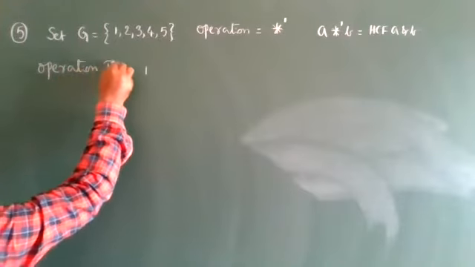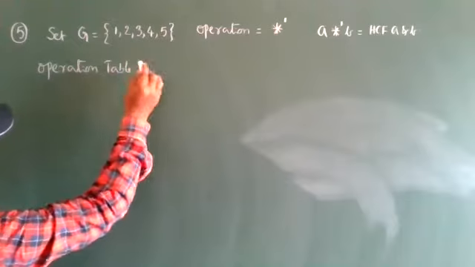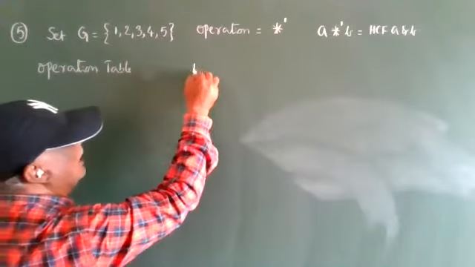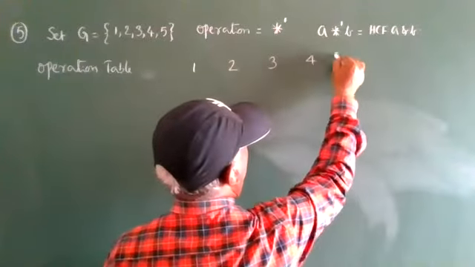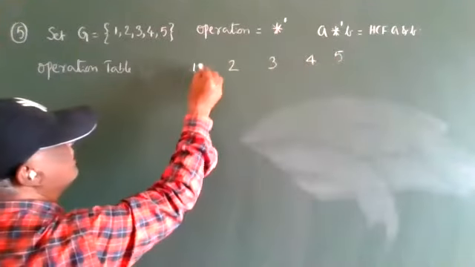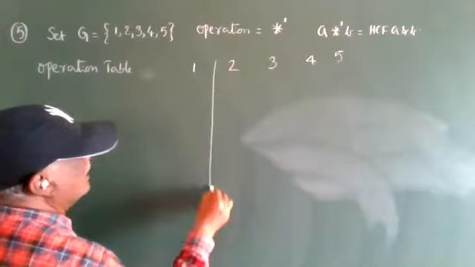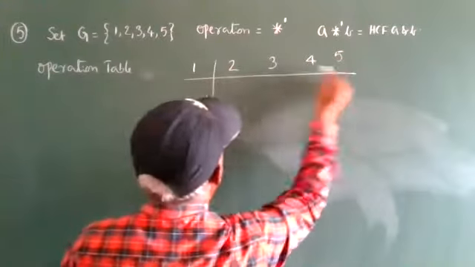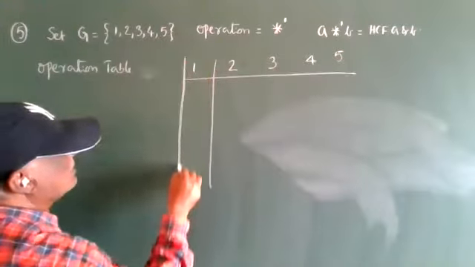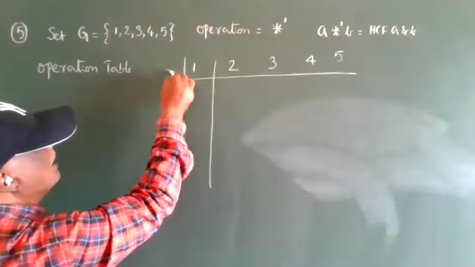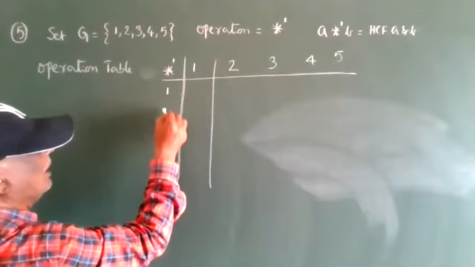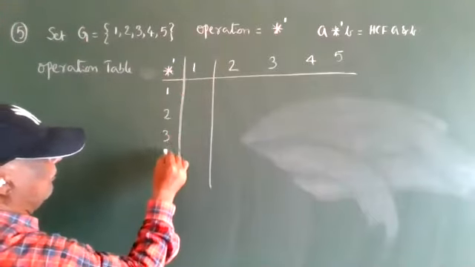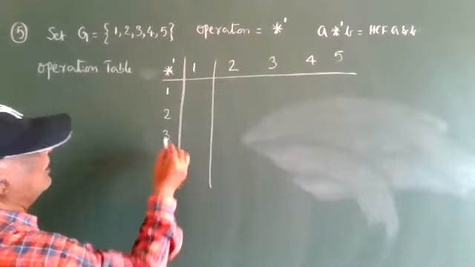Here is 1, 2, 3, 4, and 5, and write it down on the downside also. Here is the star dash, which means HCF, and then 1, 2, 3, 4, 5.